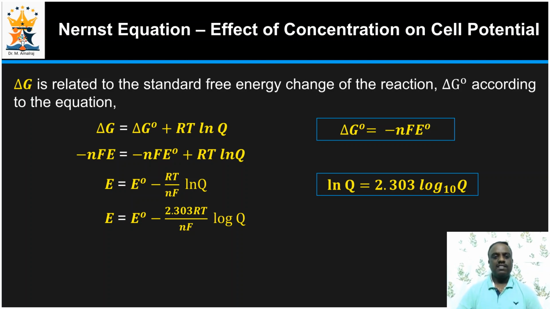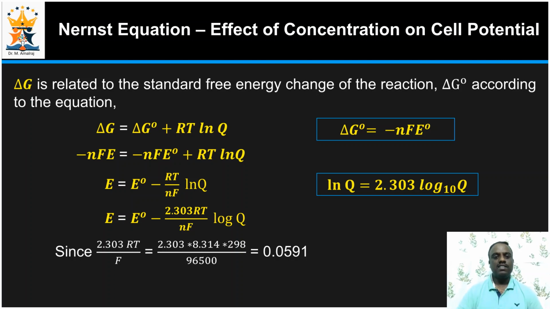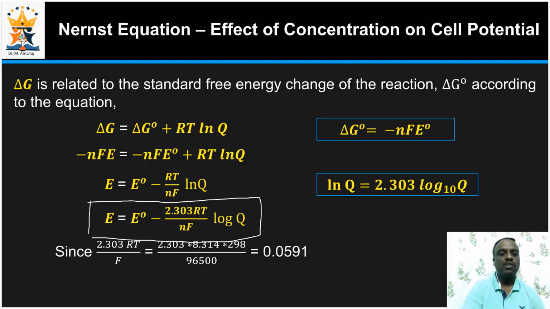Suppose the temperature is 25 degrees Celsius, then this factor, that is 2.303 RT by F, will be equal to 0.0591 only at 25 degrees Celsius. If the temperature is not 25 degrees Celsius, we must use this expression to calculate the EMF of the galvanic cell.